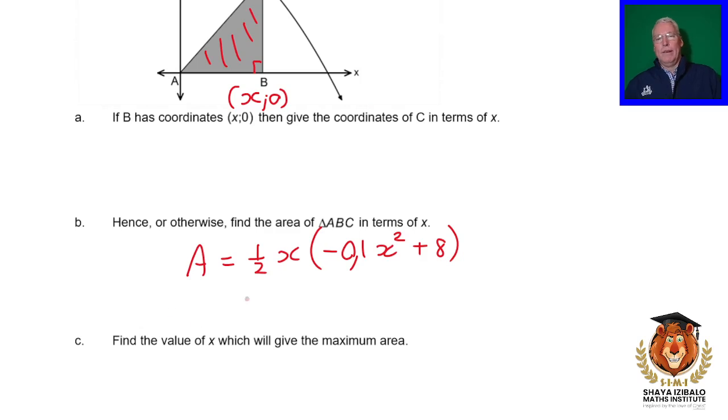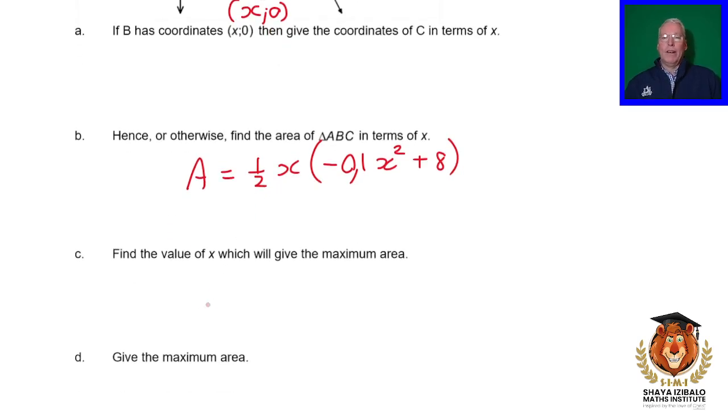So we want to differentiate this function. Let's get rid of the brackets first. A half times 0,1 is 0,05. So it's going to be negative 0,05 x cubed plus 4x.